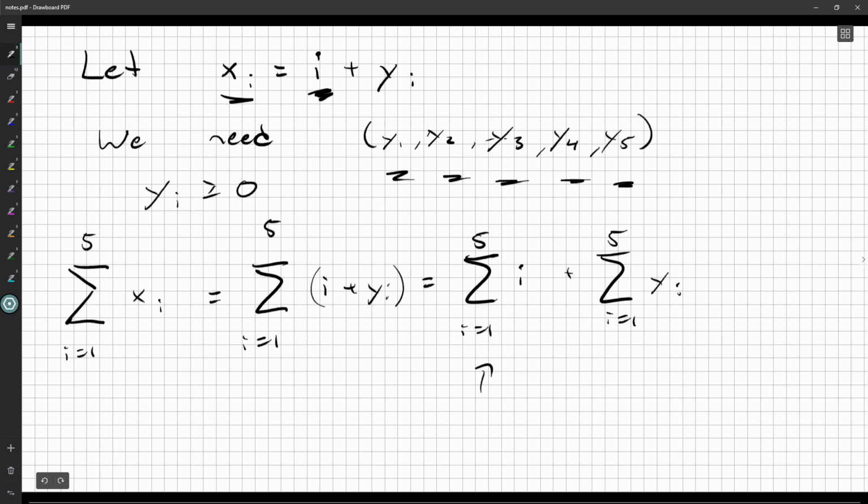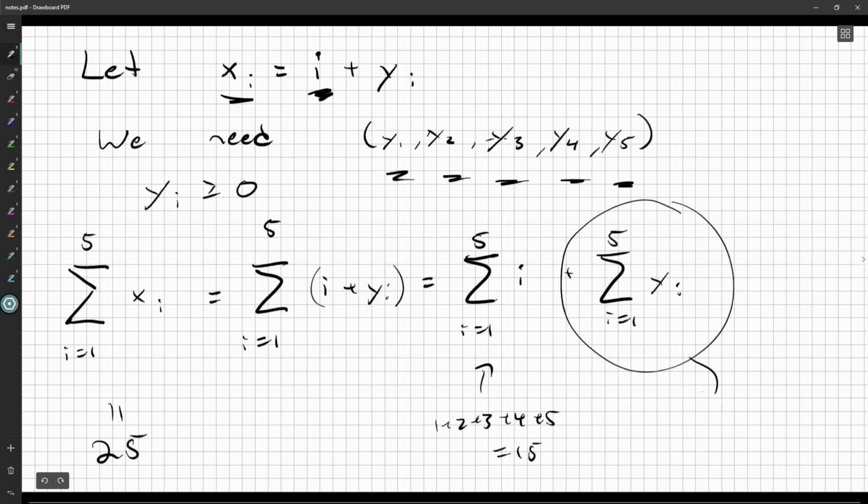This bit here is 1 plus 2 plus 3 plus 4 plus 5, and that's 15. But what do we know this sum is supposed to be? 25. So that tells me that the sum of the y's, rather than being the 25 they asked for in the question, must be 10.